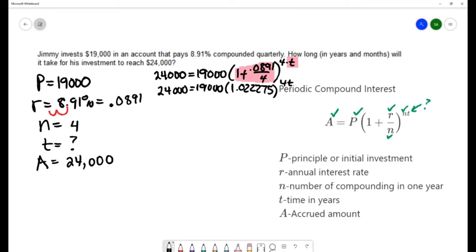So now I have the exponential equation 24,000 equals 19,000 times 1.02275 to the 4t.